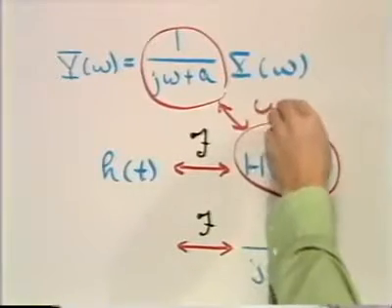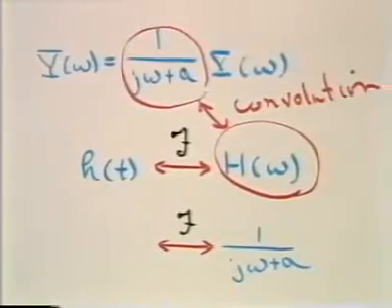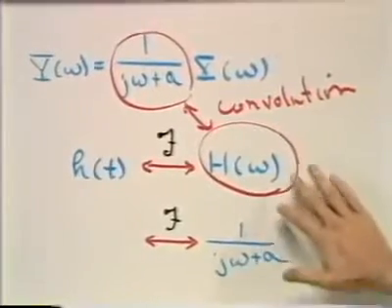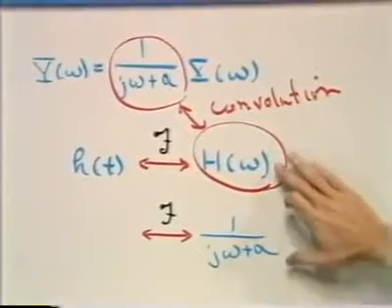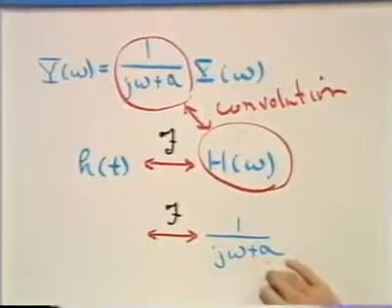So here we're using the convolution property. And so we know what the Fourier transform of the impulse response is, namely 1 over j omega plus a.